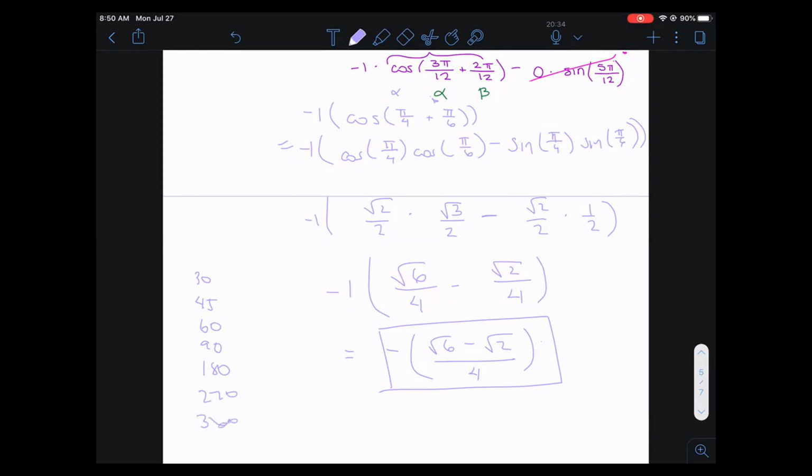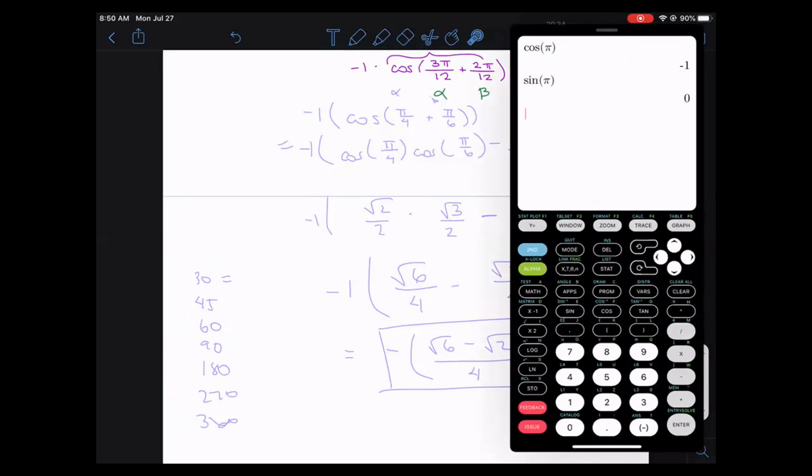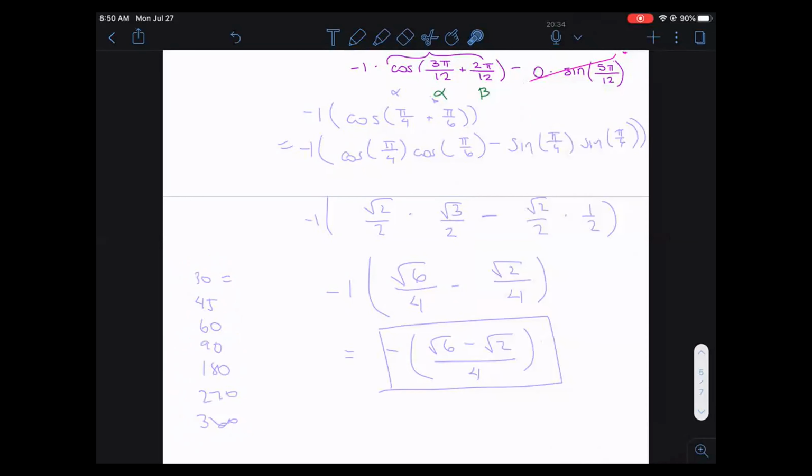All of these angles should give you the approximate value. 30, 45, and 60 you can get from your table. 90, 180, 270, and 360 you can get just by plugging them into your calculator. You can always use these for your summation and everything.